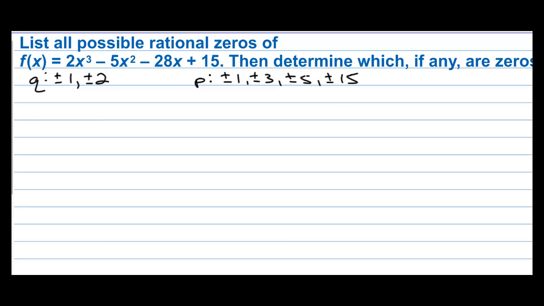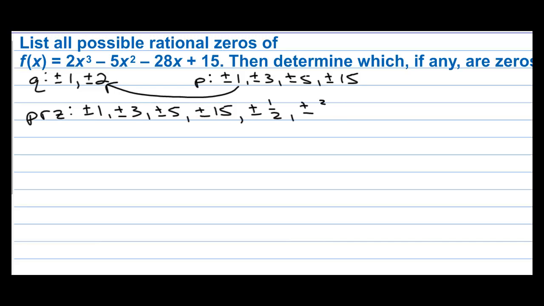Now if we're going to list all of the possible rational zeros, it's 1 over 1, 3 over 1, 5 over 1, and 15 over 1. But now we have 1 over 2, 3 over 2, and so on. So now some possibilities are a half, 3 halves, 5 halves, and 15 halves.